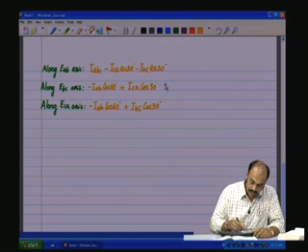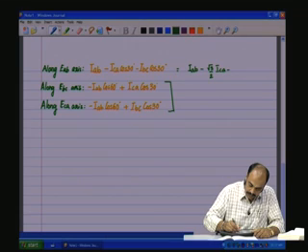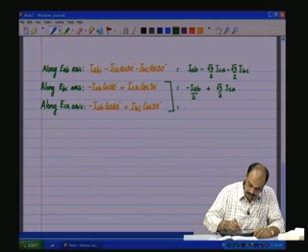Now, let us equate these. Now, this of course is equal to I_AB minus root 3 by 2 I_CA minus root 3 by 2 I_BC, and this is equal to minus I_AB by 2 plus root 3 by 2 I_CA, and this is equal to minus I_AB by 2 plus root 3 by 2 I_BC.